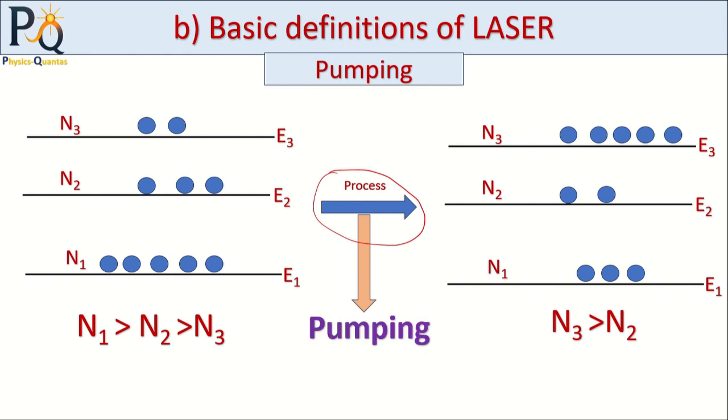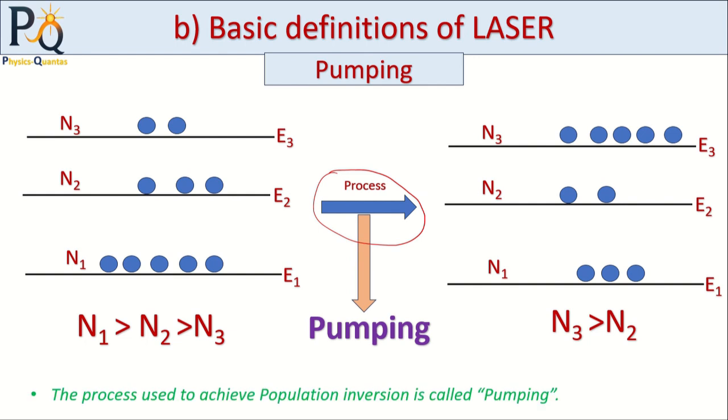So how can we define pumping? It is the process used to achieve population inversion. By using pumping only, we will get population inversion. To sustain population inversion we need a metastable state. And how the laser is emitted from the source, we will discuss in future videos.